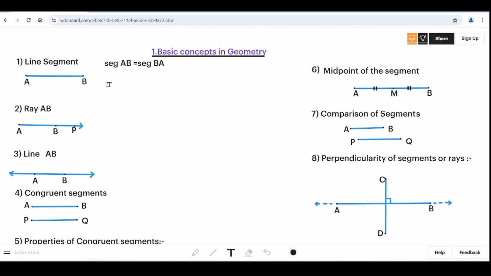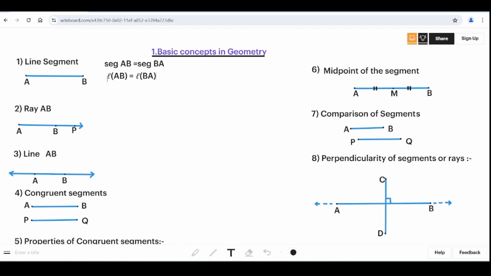How is the length of the segment denoted? Length of a segment is denoted by L, and it is the length of segment AB, which is also equal to the length of BA.